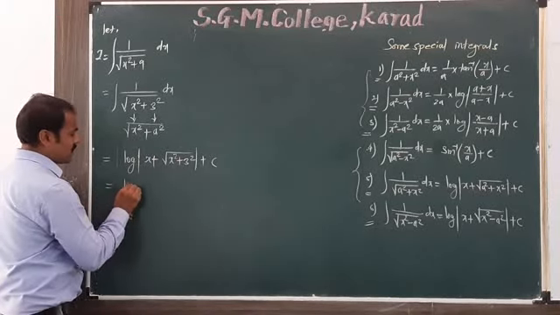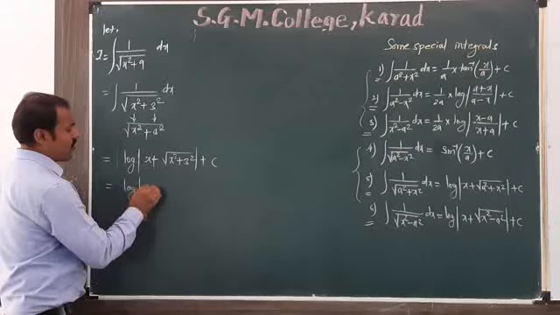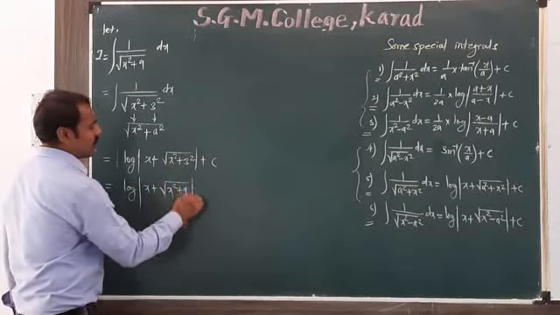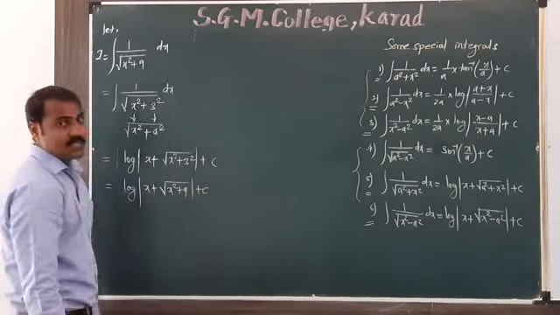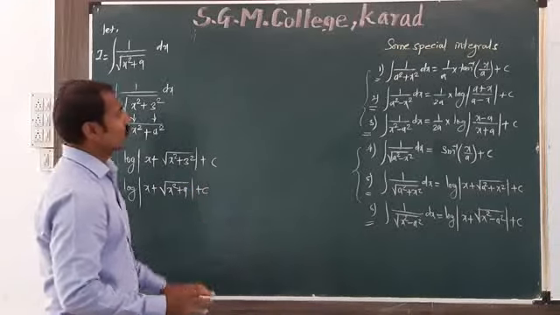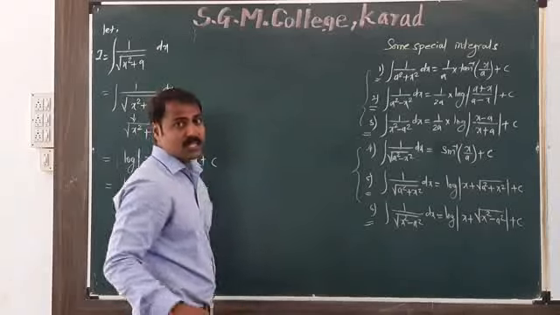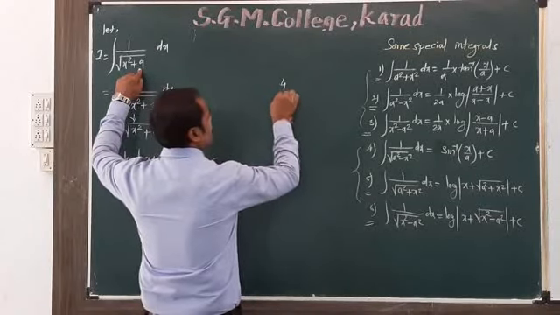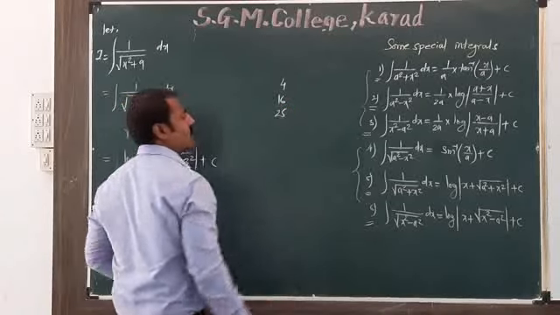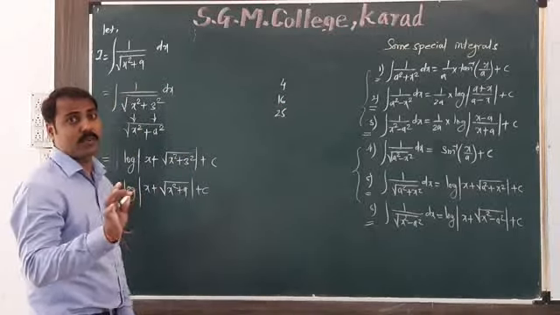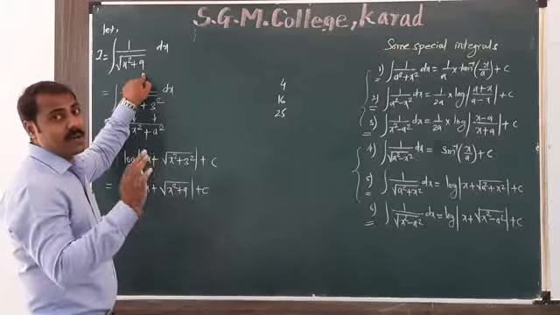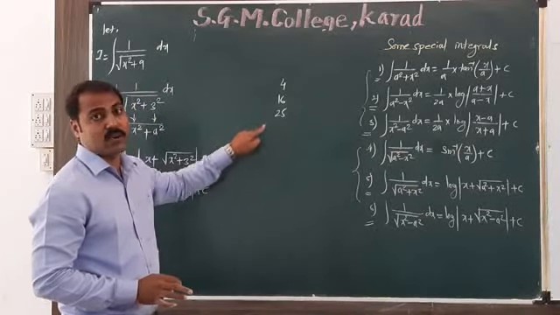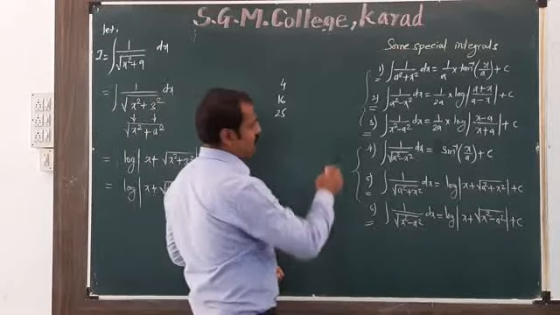After simplification, we write this as log of mod of x plus square root of x square plus 9, plus constant of integration c. Similarly, you solve the above 6 examples. Replace 9 by 4, 16, 25, that is, replace that constant in the above examples by 4, 16, 25 for practice of these formulas.